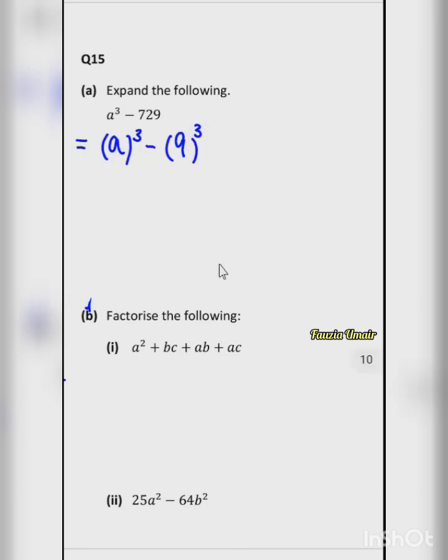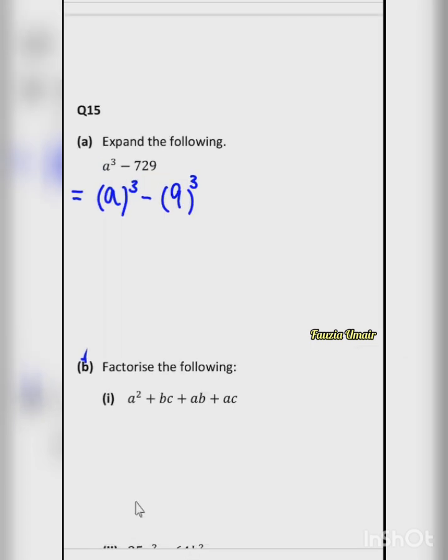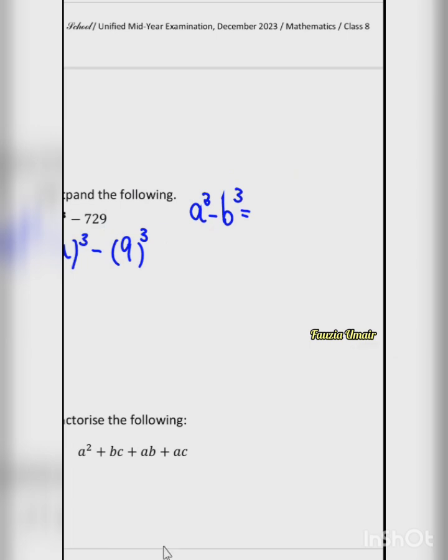So if I write down the formula, a cube minus b cube is equal to, this is very interesting, a minus b into a square plus ab plus b square. So this is the formula.